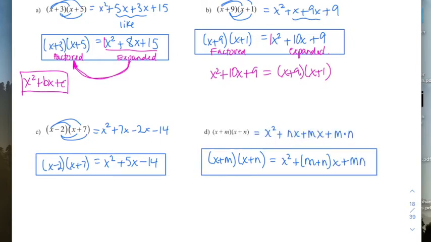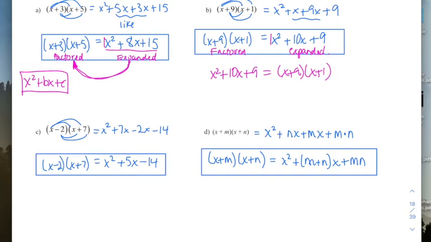Let's have a look at all of these together. The reason I use variables for question D is that I think it makes it a little clearer how the numbers in the binomials impact the expansions and the coefficients that you see in the trinomial.